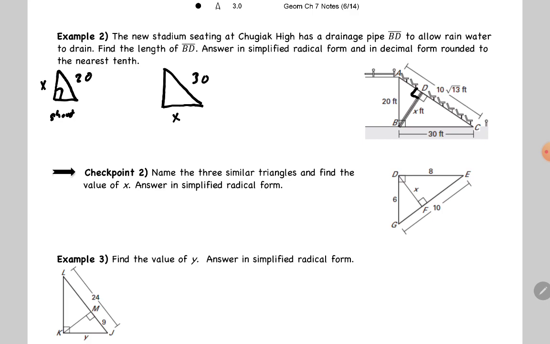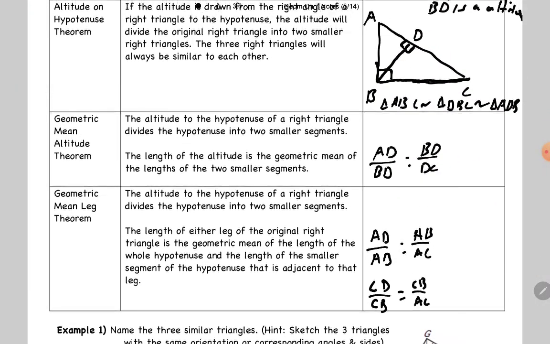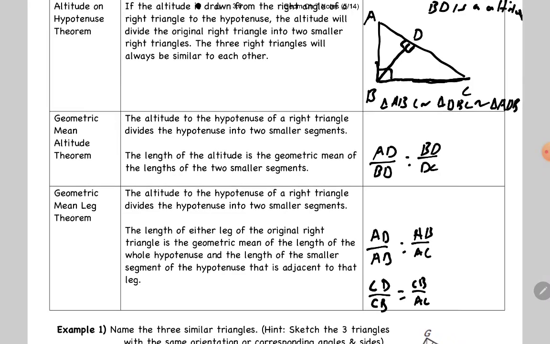Alright. So we can't compare these two triangles directly to give us an answer. So let's back up. So the altitude right here, so that's one formula we can try using, but we don't know this whole piece or these pieces, so that doesn't work.